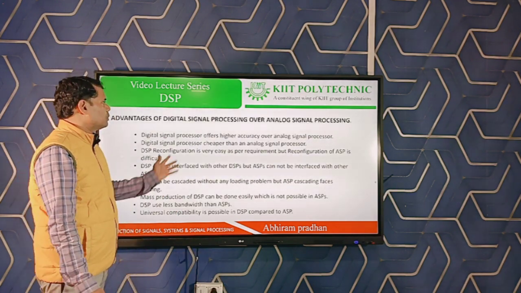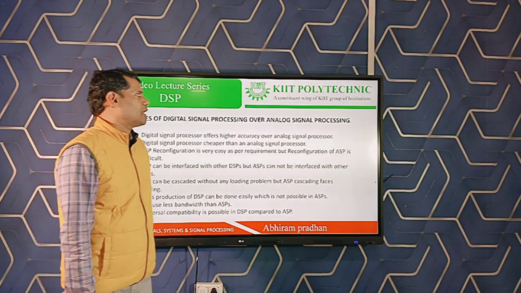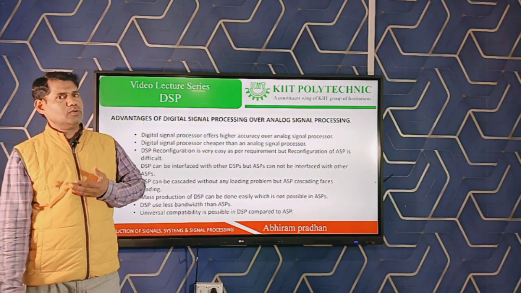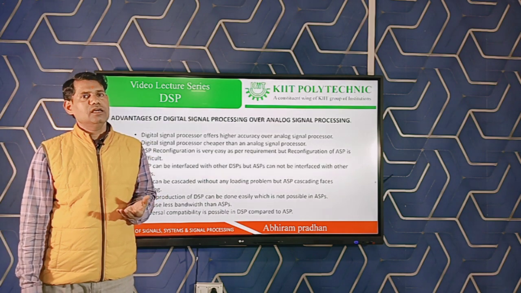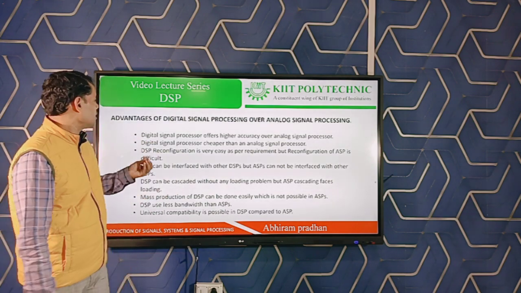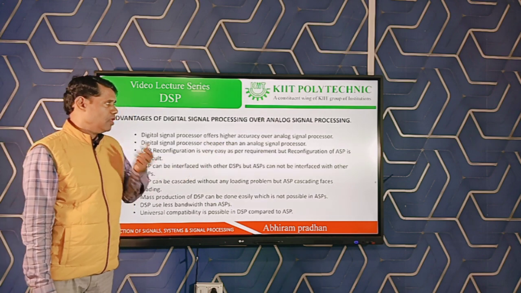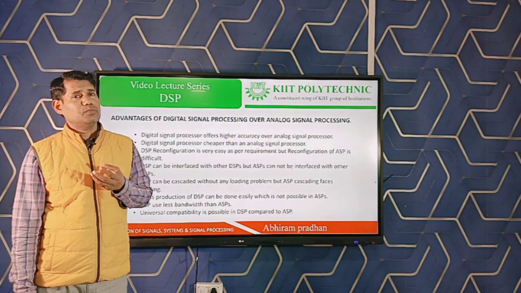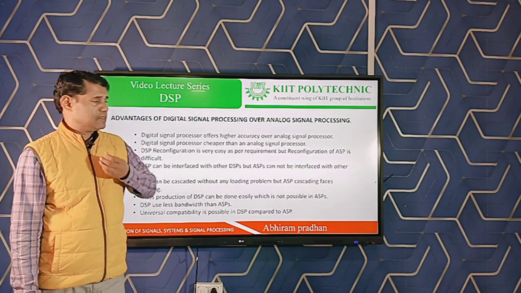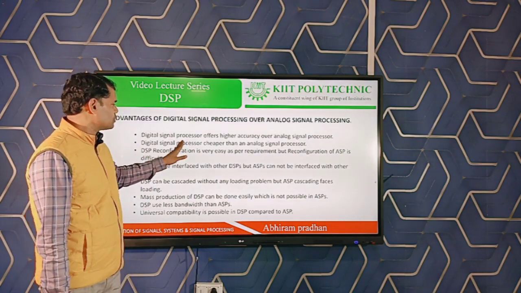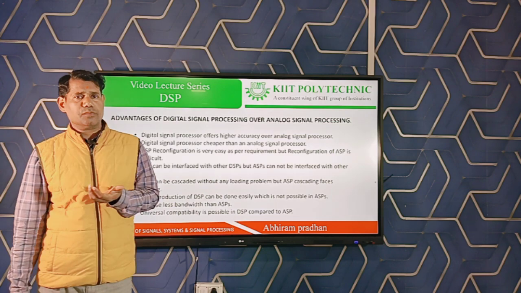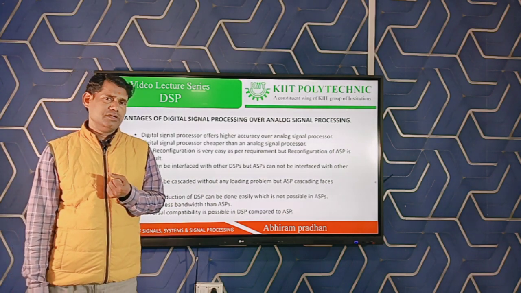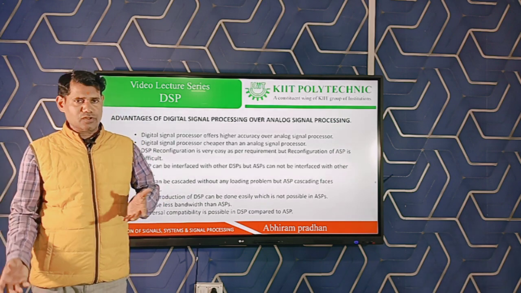Then the advantages of digital signal processing over analog signal processing. There are many advantages of digital over analog signal processing. The main advantage is higher accuracy over the analog processor. Digital signal processors are cheaper than analog signal processors because mass production of digital processors happens, but in the case of an analog signal processor mass production cannot happen.